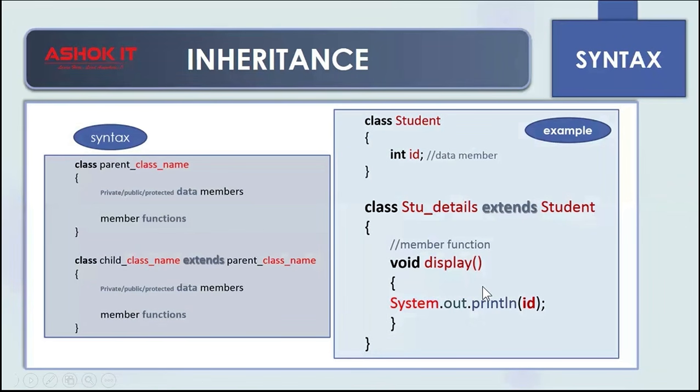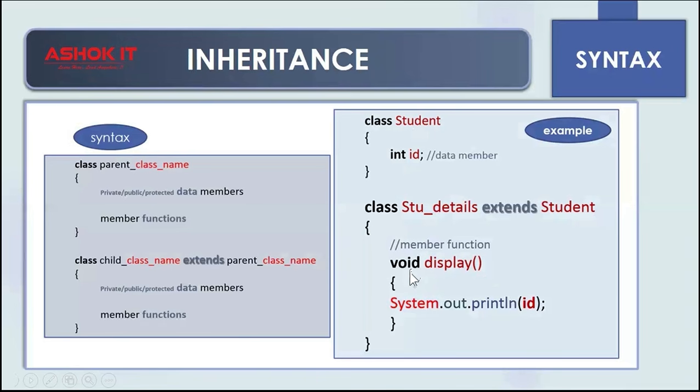So here is a simple example where we have a student class with a data member ID, where the ID variable is declared of type integer. And then we are creating a new class, stuDetails, which extends the student class. So now the stuDetails class can make use of the data member present in the student class because stuDetails is a child class.